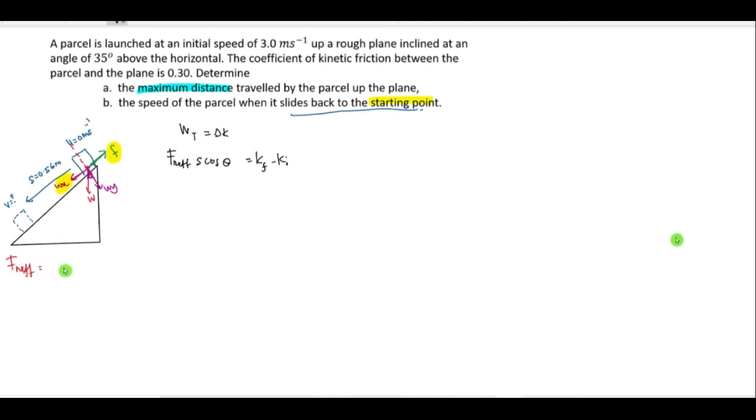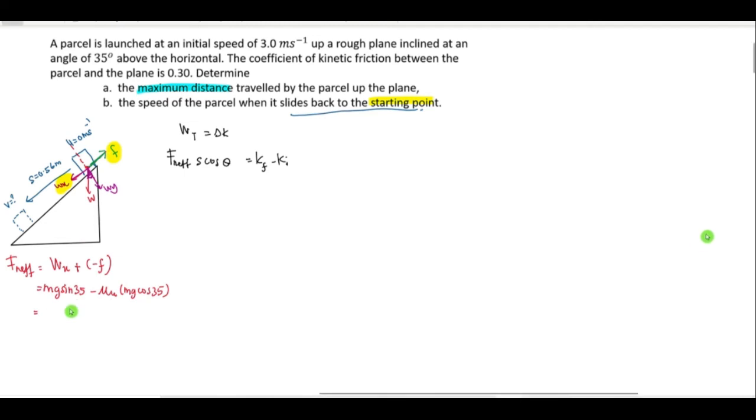So F net would be equal to W_X, positive value because W_X sama direction dengan s, plus friction opposite direction. Okay, so kalau kita masukkan dekat nilai dia, mg sin 35 minus mu kN. N kita gantikan normal force kita, mg cos 35. Sama macam first part tadi.